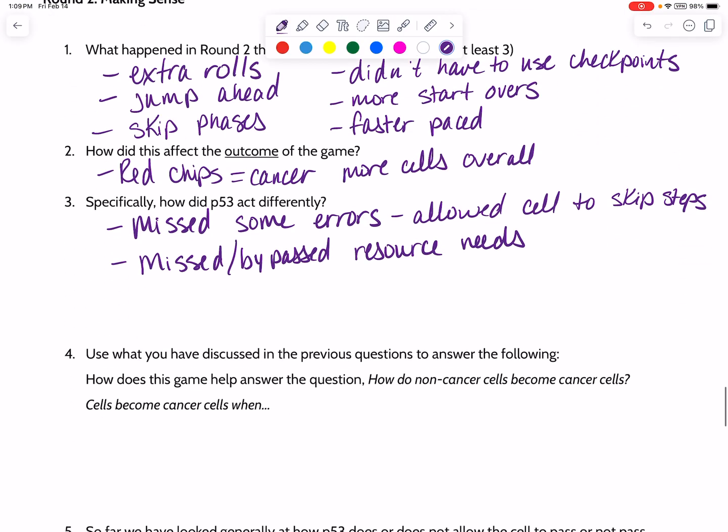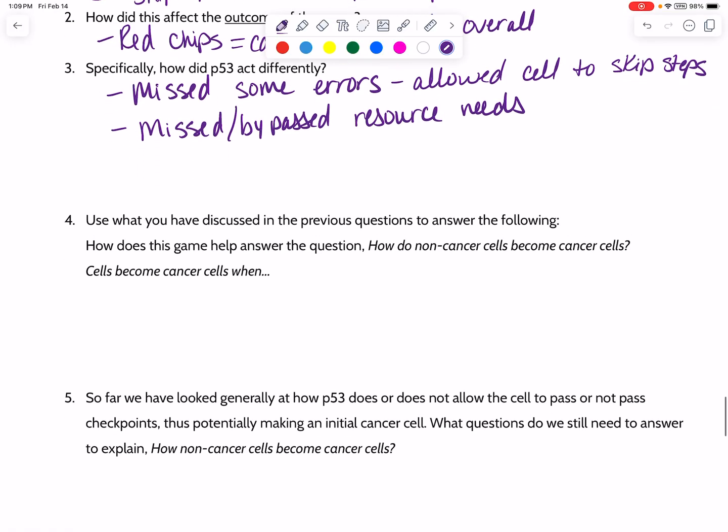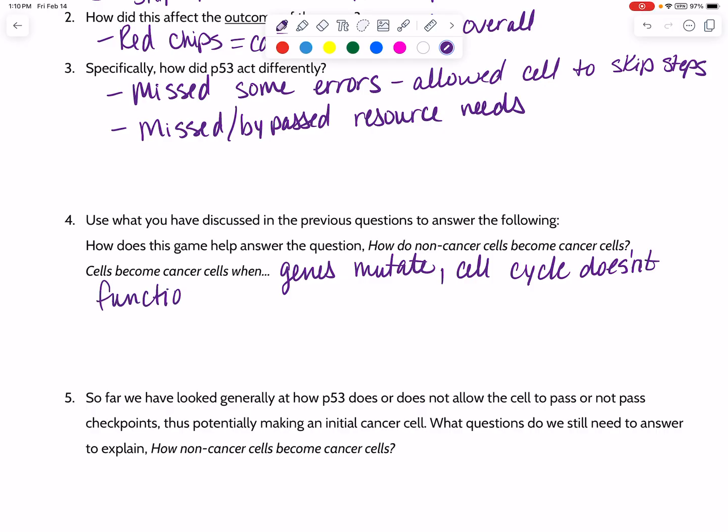Okay. So how do non-cancer cells become cancer cells? Cells become cancer cells when the genes mutate and the cell cycle, it's supposed to say doesn't function normally.